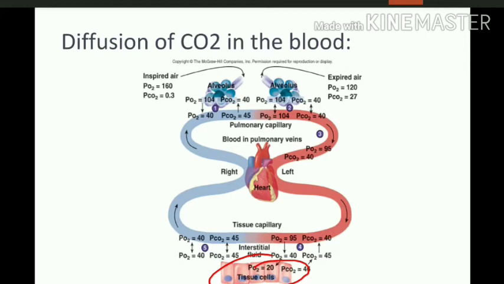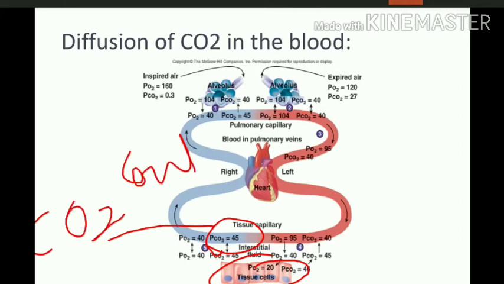So in the venous blood, partial pressure of carbon dioxide now becomes 45 mm of mercury. You can see this venous blood is now being transported. Another important thing: at partial pressure of carbon dioxide 45 mm of mercury, carbon dioxide content of the venous blood, here pay attention, this is partial pressure, becomes 52 ml.